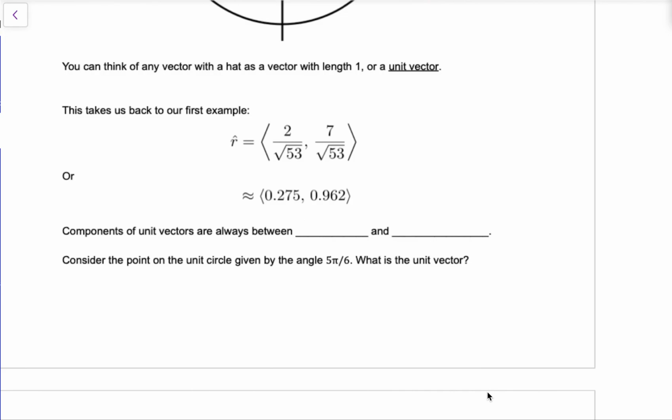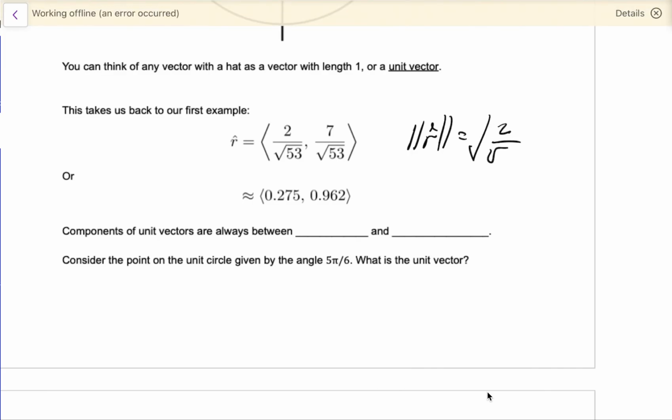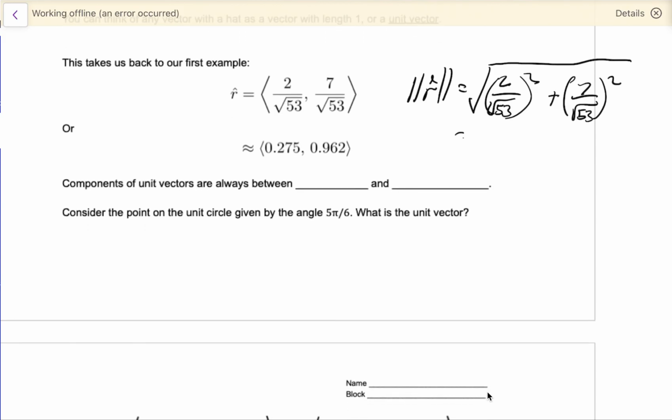If we work out the magnitude of r hat, it is the square root of (2 over square root of 53) squared plus (7 over square root of 53) squared.